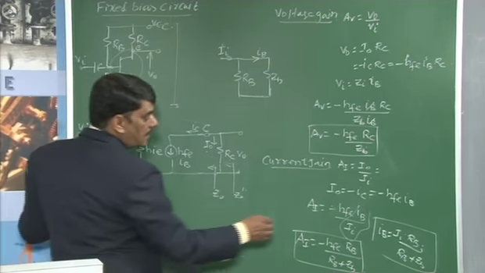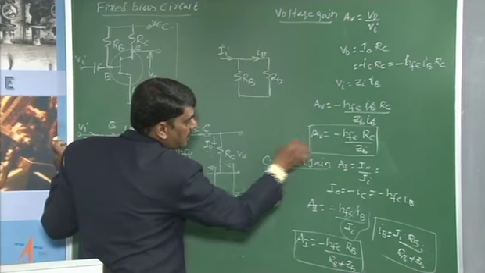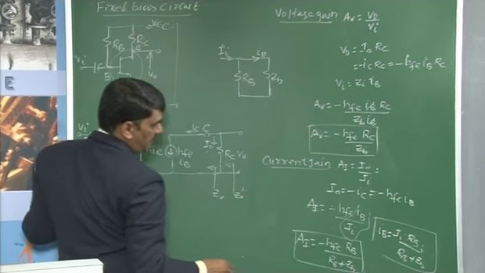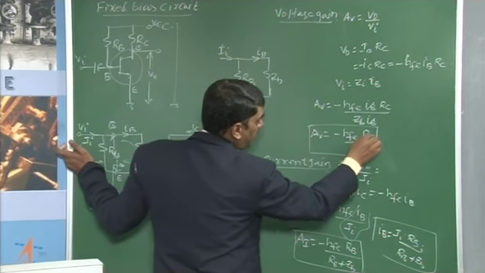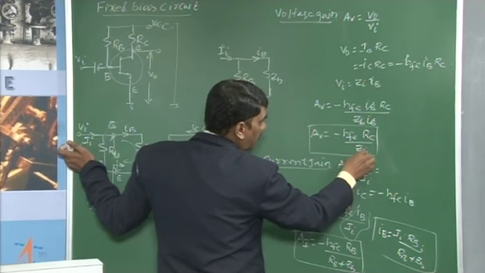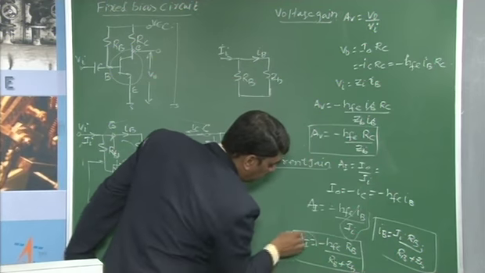If you are comparing this analysis with the exact analysis, the difference is the voltage gain AV is equal to AV into minus hfe RC by Zi. You are going to get the same result; the only difference is in the case of AI.